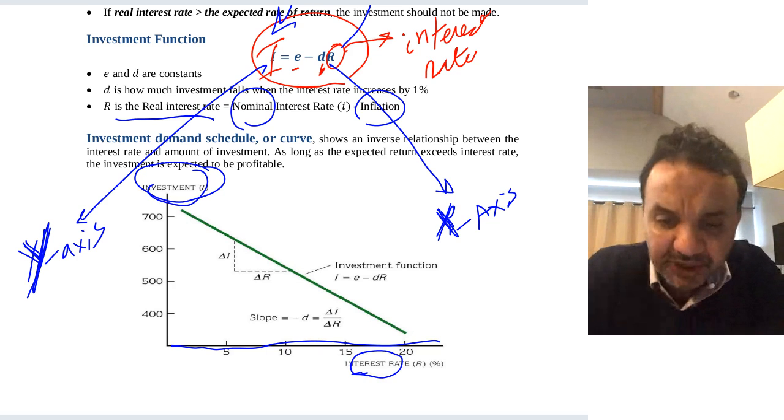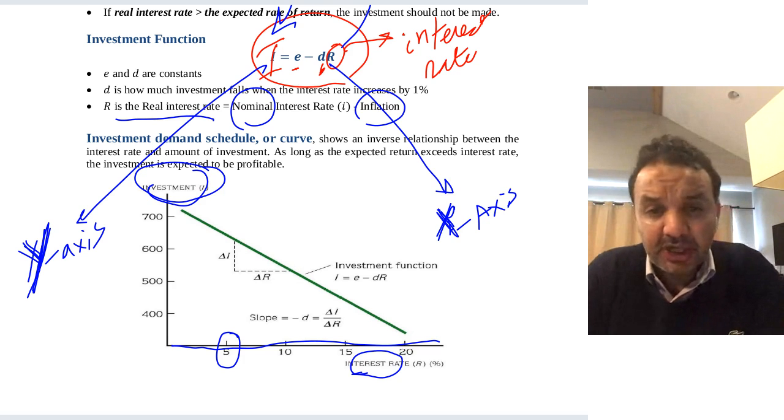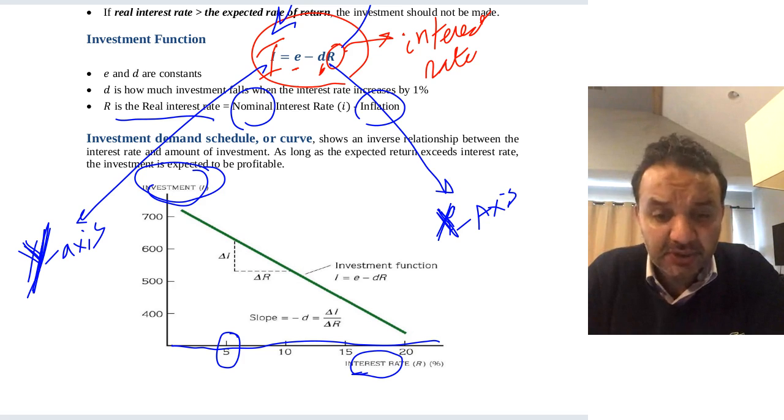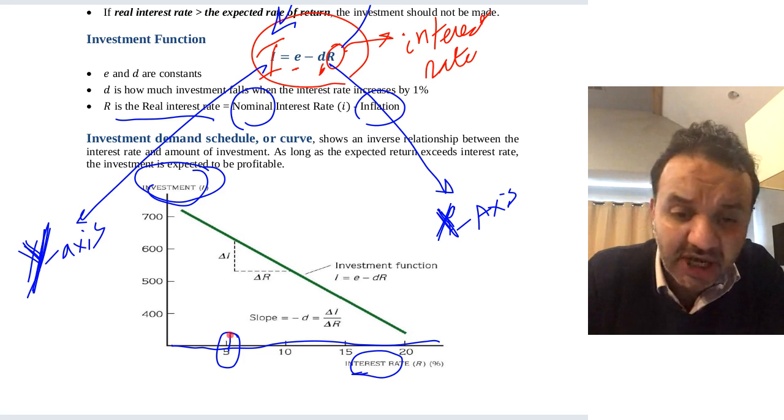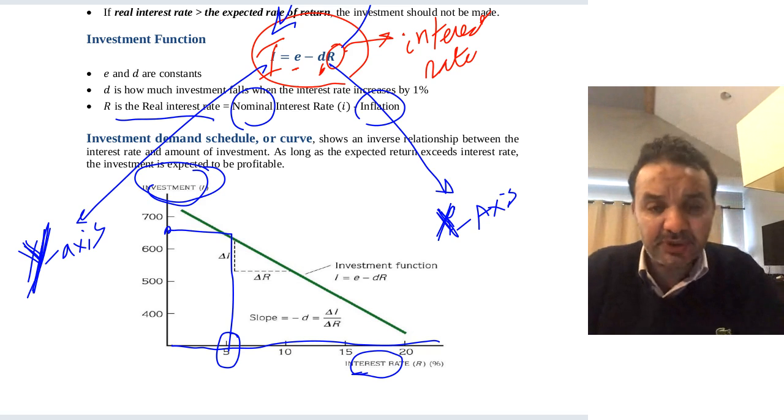So for instance, if interest rate is 5% and I want to invest my money, I can get loans at a low rate, so I will have more incentive to invest. This will be my level of investment.